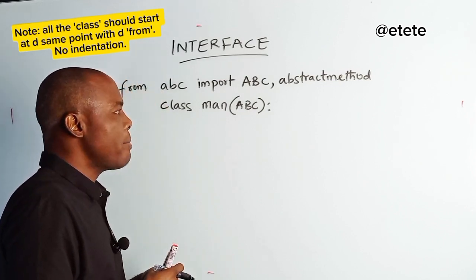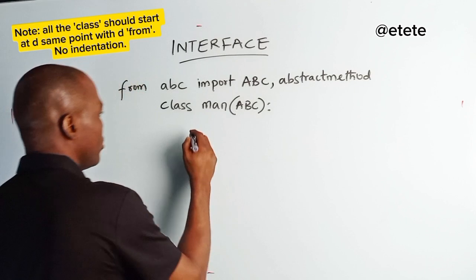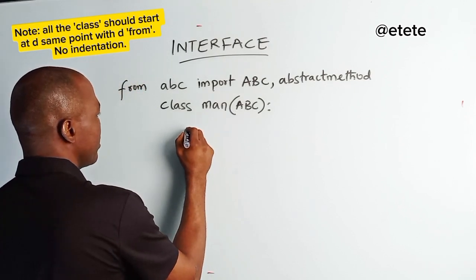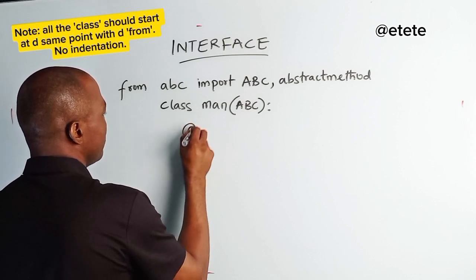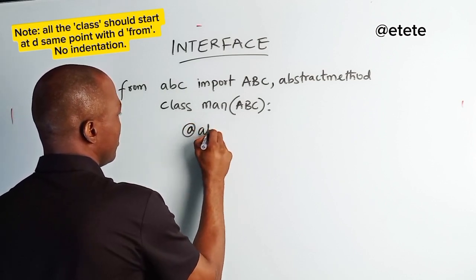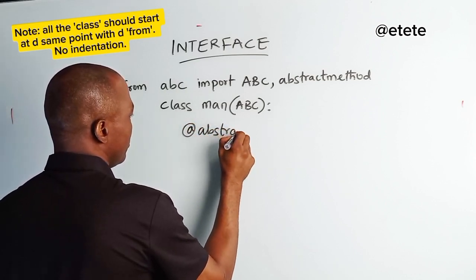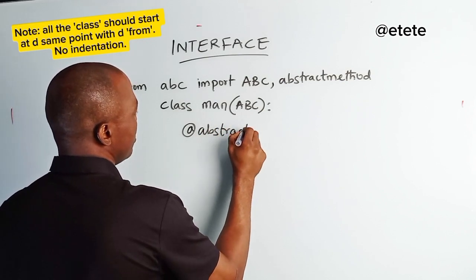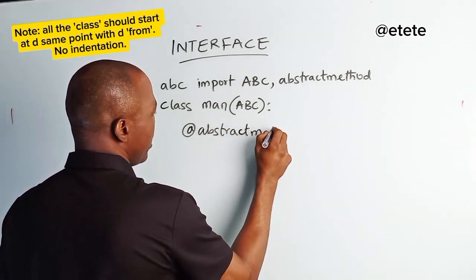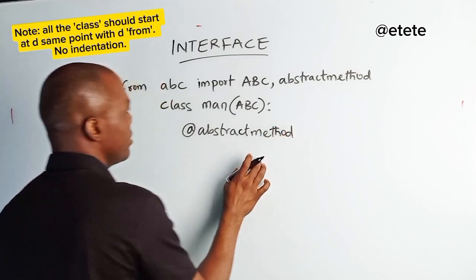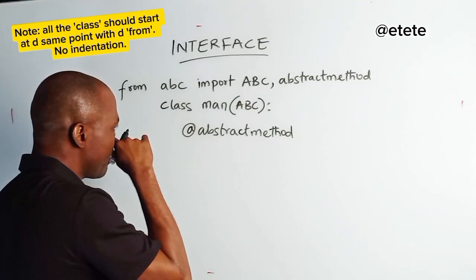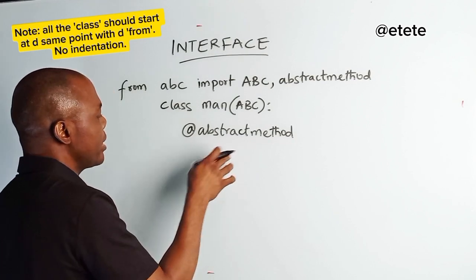And man can speak. So we'll now define the abstract method constructor, decorator, right? It's just more or less like an abstract class, but this is an interface.